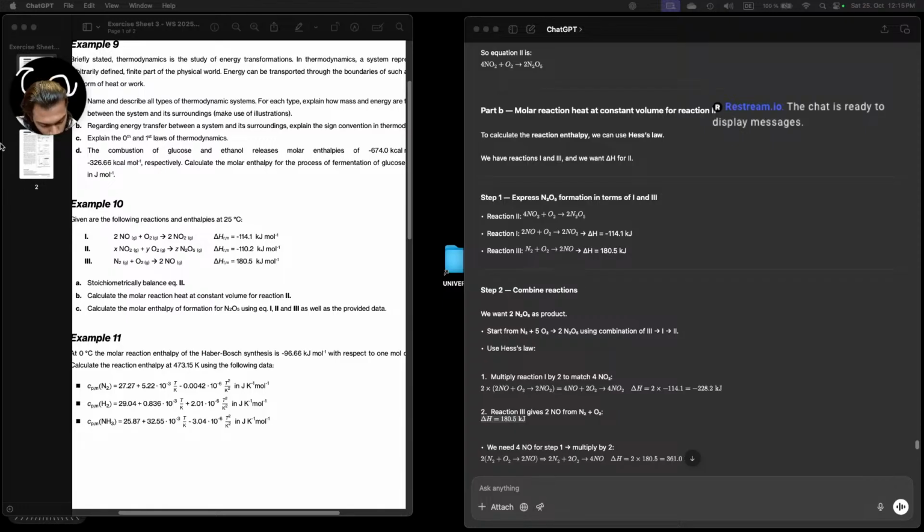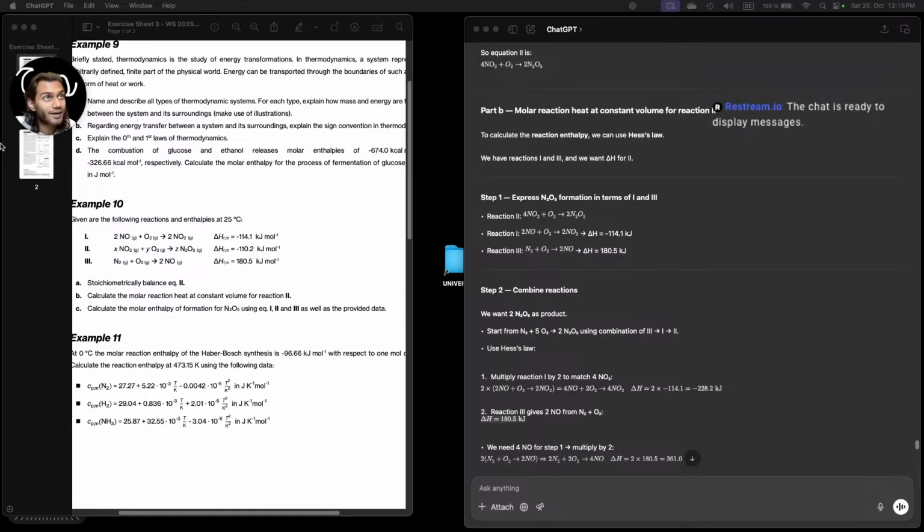Now for the third equation, N2 gas plus O2 gas gives 2 times NO gas.